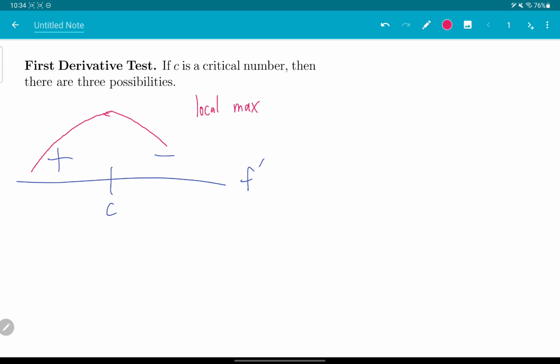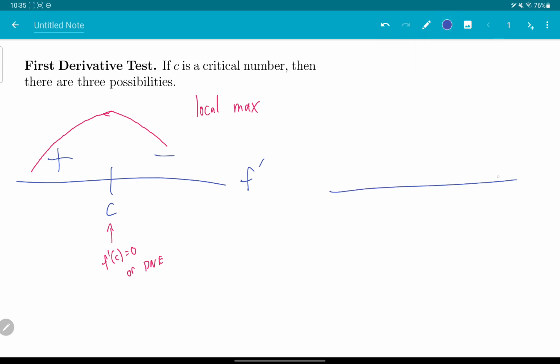Okay, so this is the first of the 3 possibilities where you have a positive derivative before and a negative derivative after a critical number. Remember here you have f prime of c is 0 or does not exist. So in this case we have a local max.